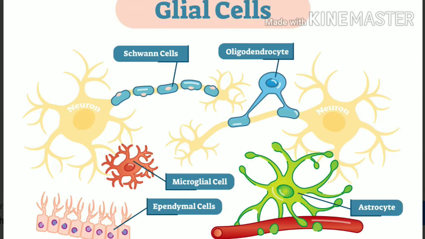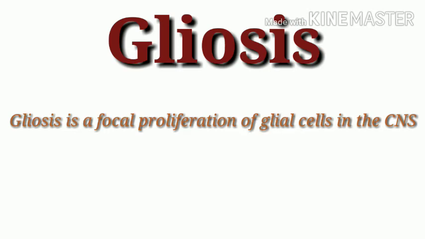Gliosis: the glial cells are supporting cells of the brain. These cells provide support and insulation to the neuron, and include astrocytes and oligodendrocytes. In multiple sclerosis, our own body system attacks these glial cells.